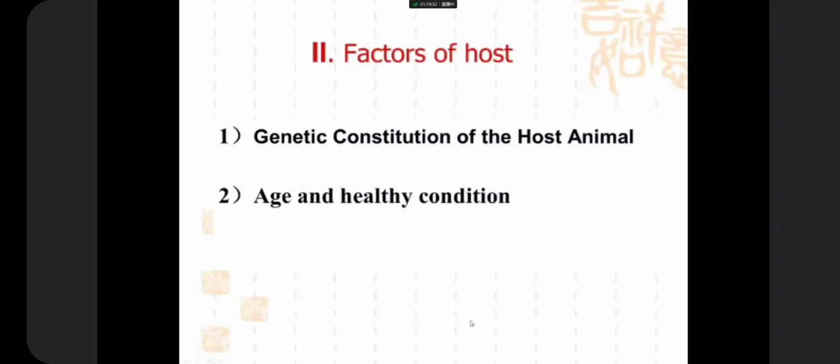The ability to respond to a particular immunogen is genetically predetermined.